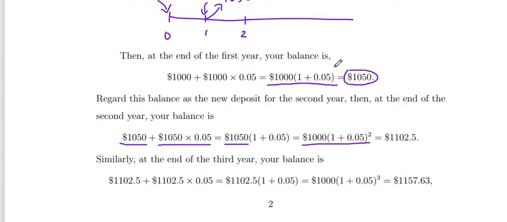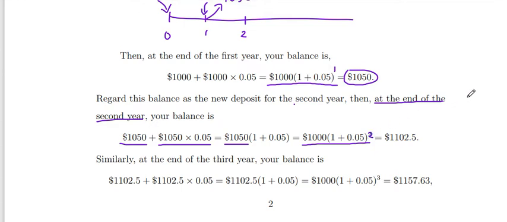You can take 1 plus 0.05 to the power 1. And at the end of the second year, your balance will be raised to the power 2.